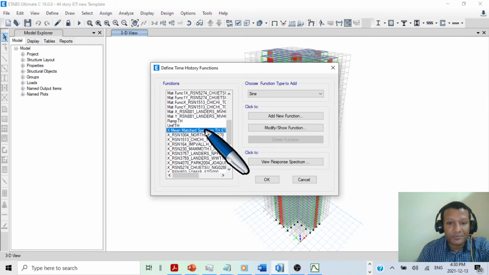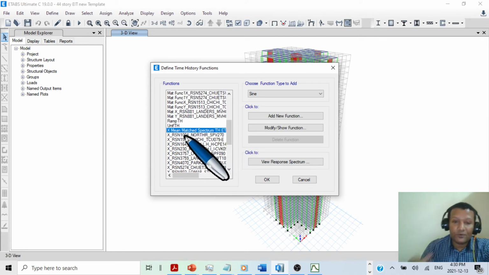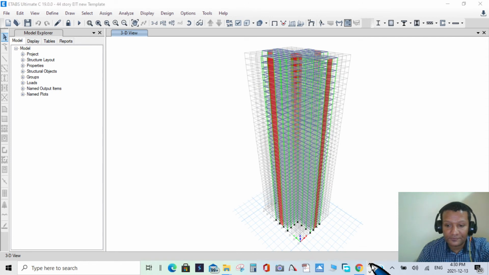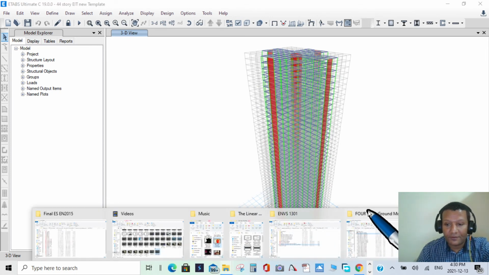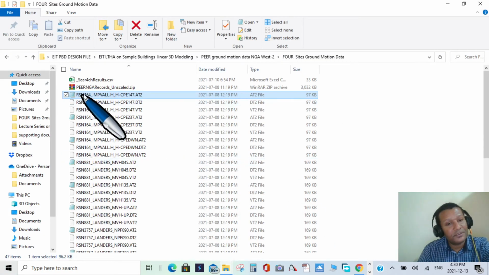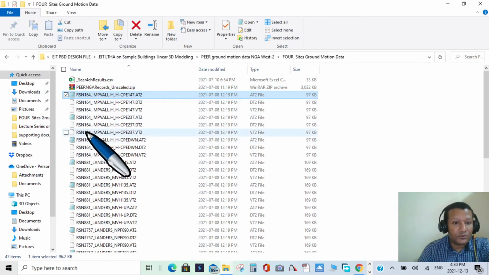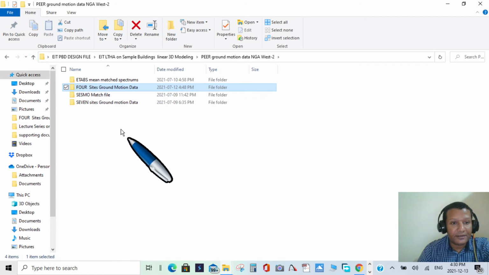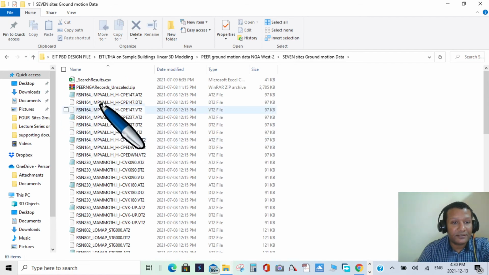This is the mean spectrum. How I take the mean, I will show you. So wait, let me go out. This is all the data I took. This is 4 data sets, and I have 7 data sets here.